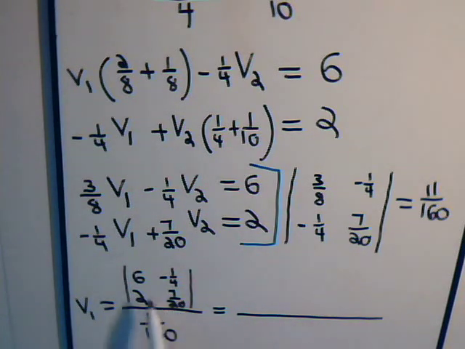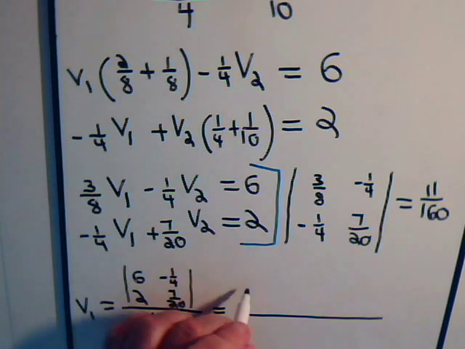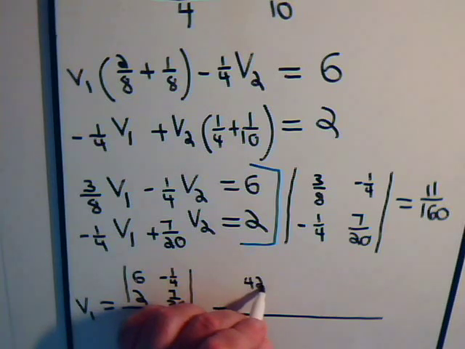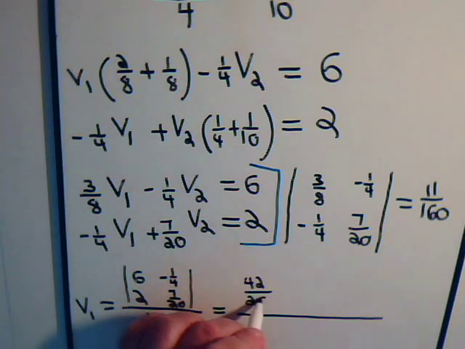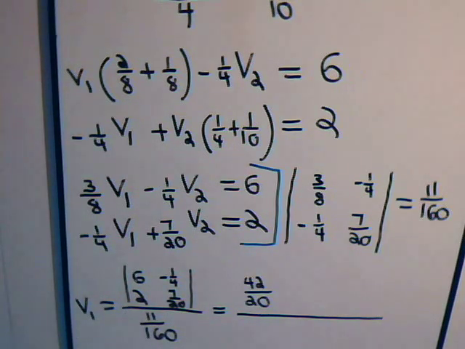Here we have 6 times 7 over 20. 6 times 7 is 42. So we have 42 divided by 20. And then here we have minus 2/4 or 1/2, and that's minus this minus 1/2.